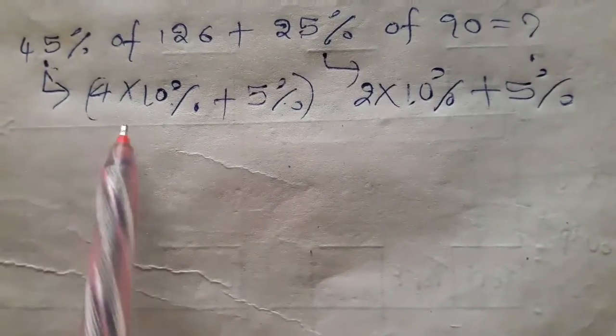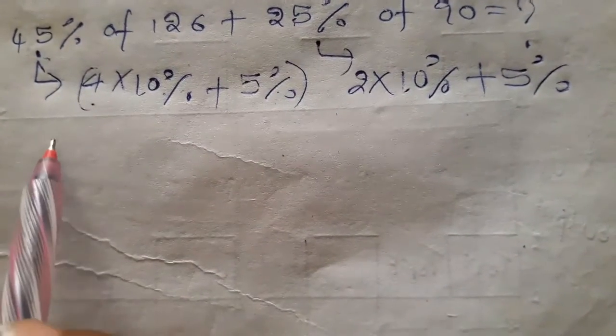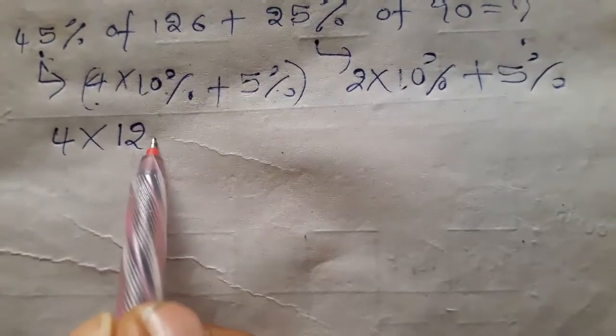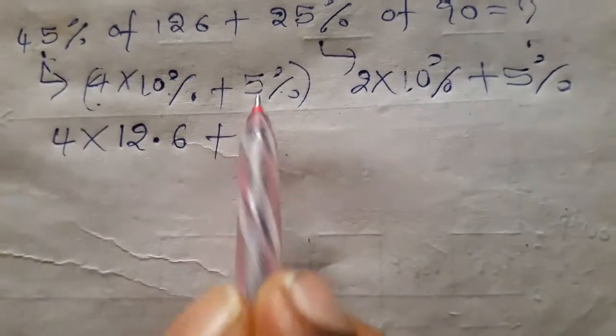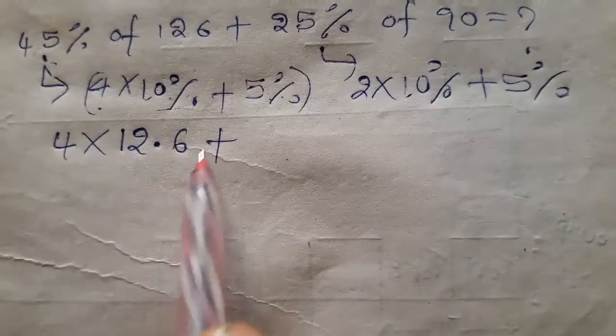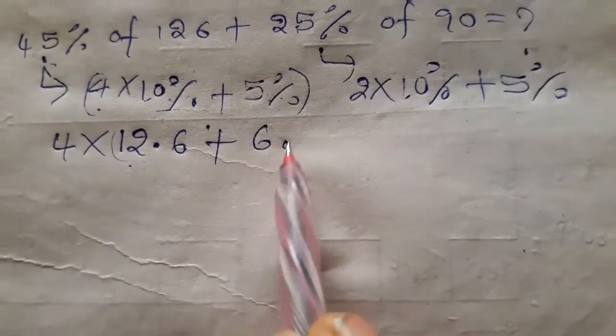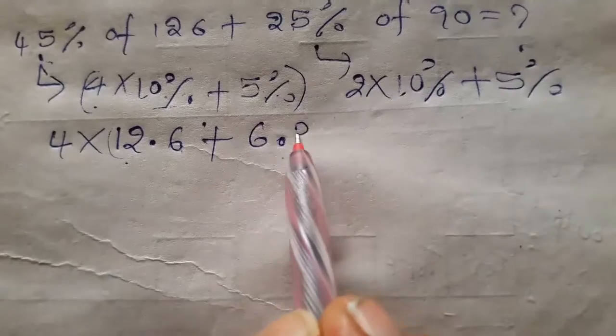Like that. So 4 into 10% of 126 means 12.6, plus 5% means half of 10%. So half of 12 is 6, and half of 6 is 3.